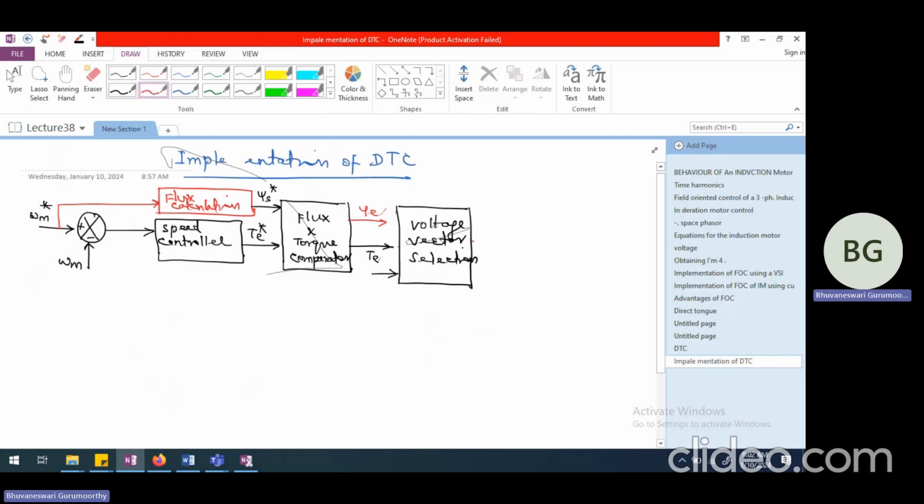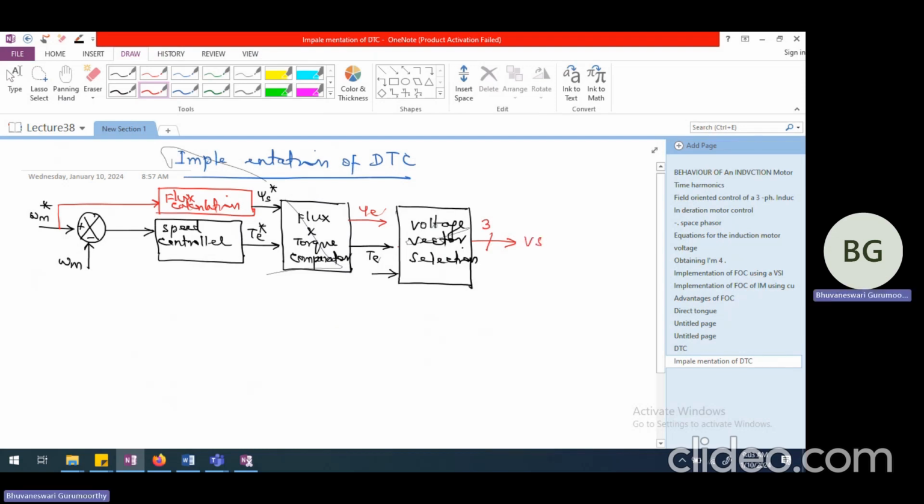This voltage vector selection will decide the switch position. The three switches in A, B and C phases are going to be either turned on or off, on the upper side or lower side, depending upon the voltage vector I have selected, so that the torque error and flux error will be nullified.